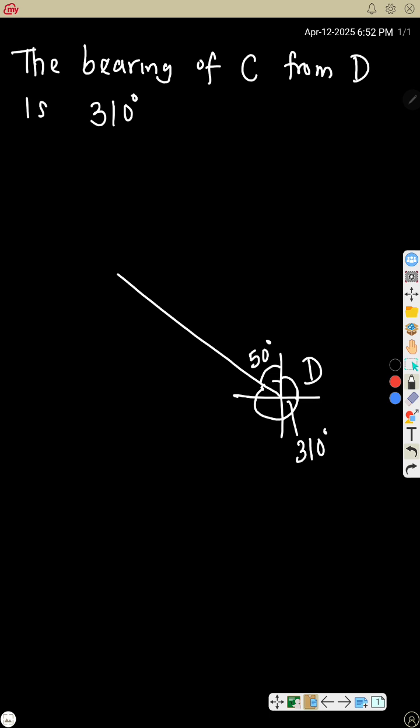If I remember, the total angle in each quadrant is 90. 90 minus 50, so this remaining space will be 40. So you can now complete your triangle. If here is 40, here is 40, alternate angle. If this is 50, then here is 50. So this is C. C is coming from D. So watch this first. Let's see if you have any question before we continue.